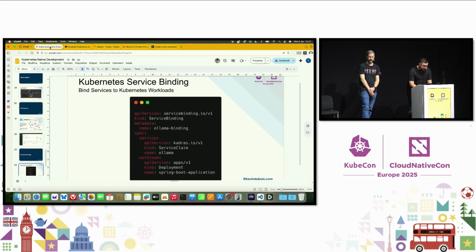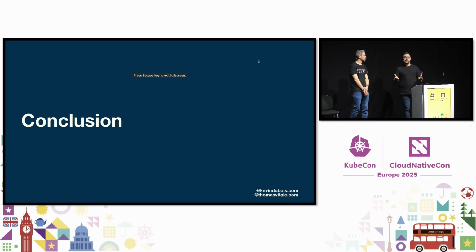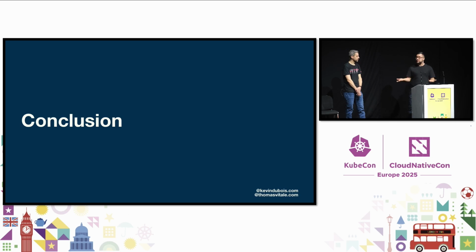Okay, so we have these two main ways of going, right? We have the local development workflow based on Kubernetes. We saw also an alternative without Kubernetes, but ultimately it's all about developer experience.